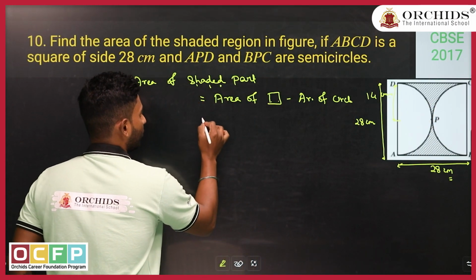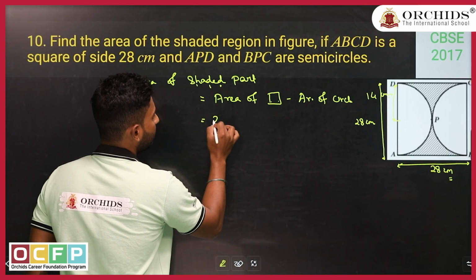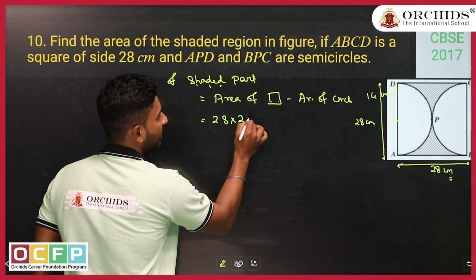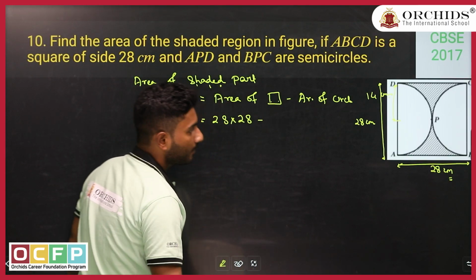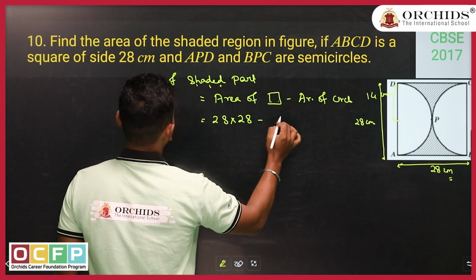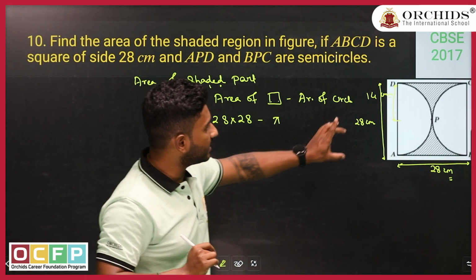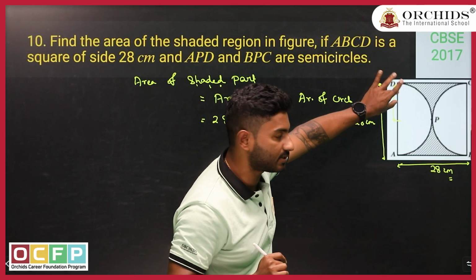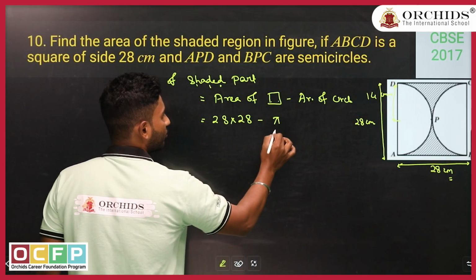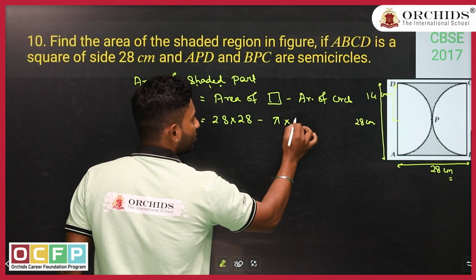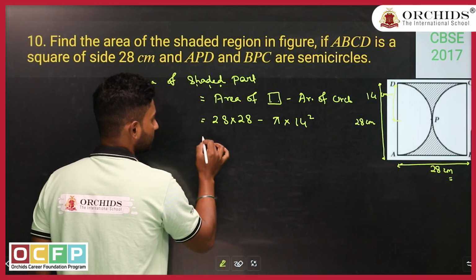Fine. So what is area of square? 28 into 28 minus. What is the area of circle? Pi r square. What is r square now? R is 14. If it is 28, it is 14. So it will be 14 square. So pi into 14 square.